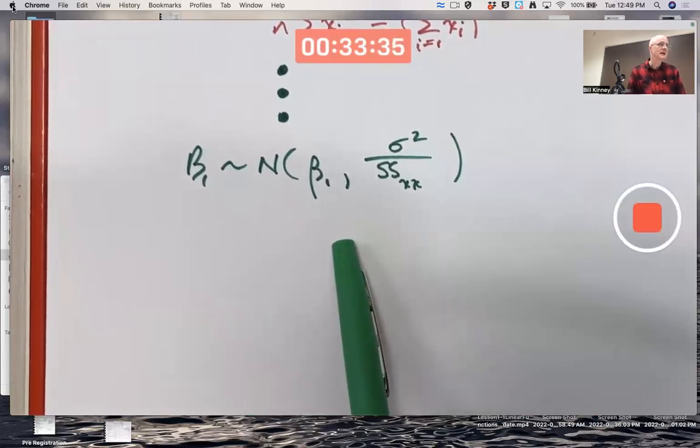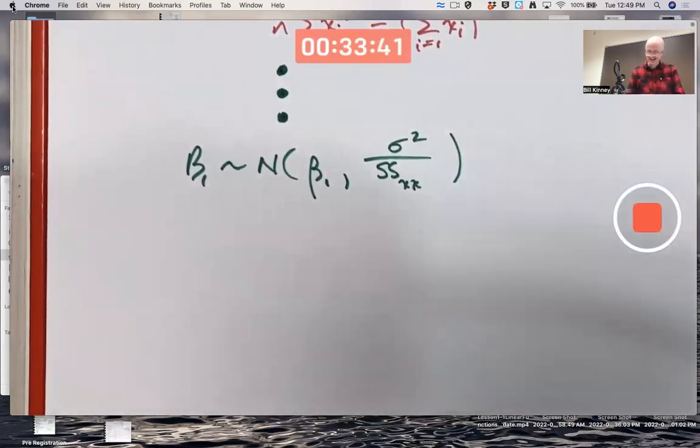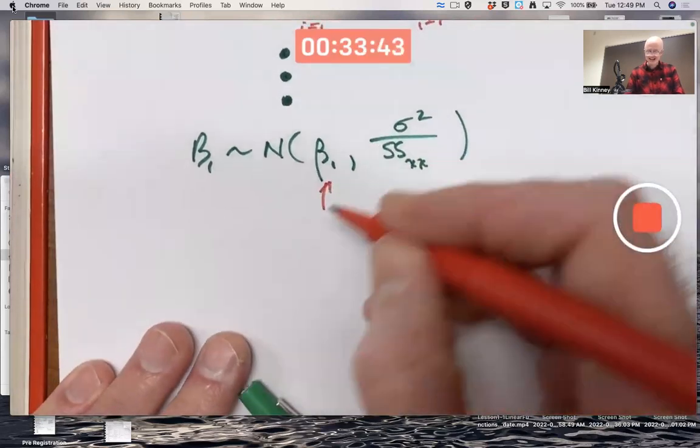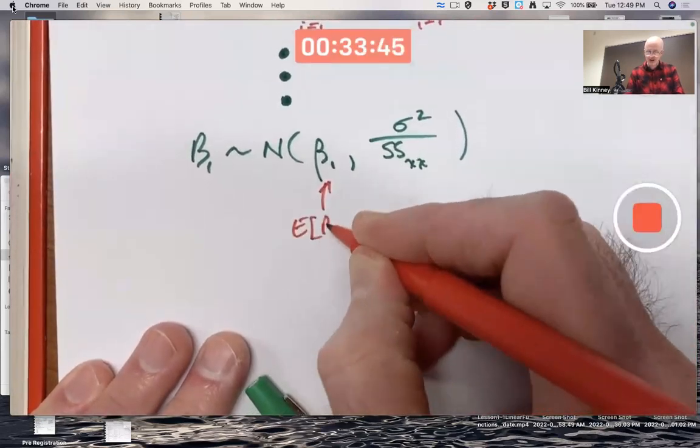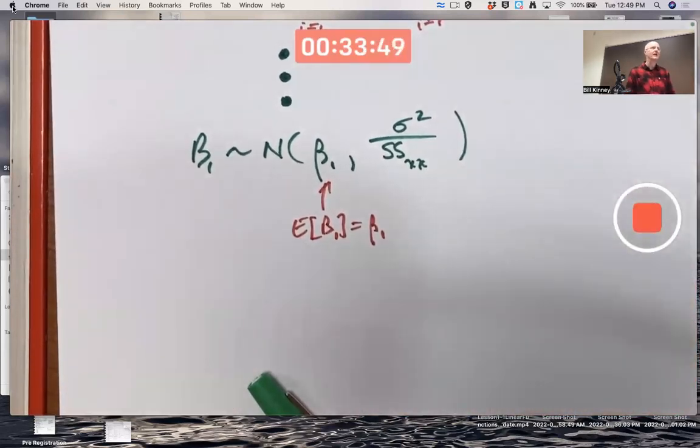Starts with a U. Unbiased. The expected value of B1 is beta 1. B1 is an unbiased estimator for beta 1. That's good. We like unbiased, especially with means.